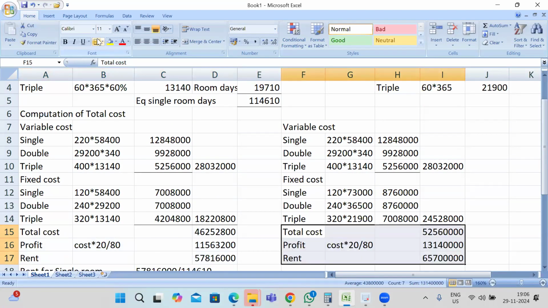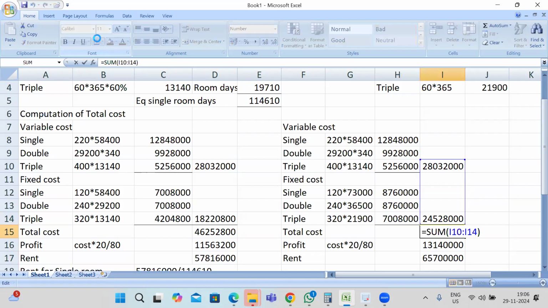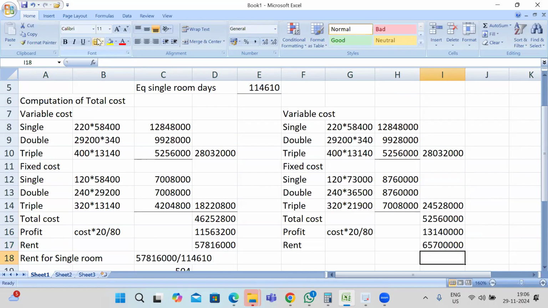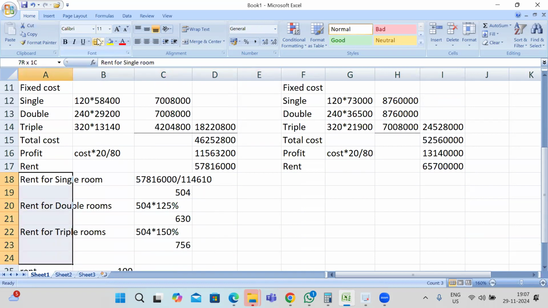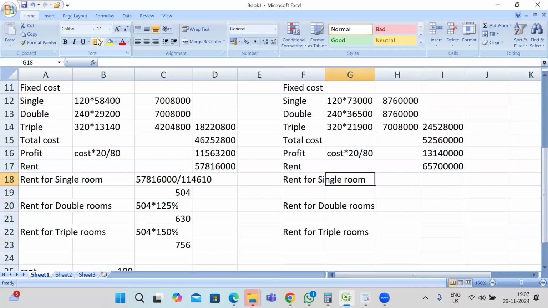So my rent will be now 6 crore 57 lakhs. So then room rent, rent for single room, triple room, again I'm going to calculate. So all the same steps, but anyways, that rent will change.